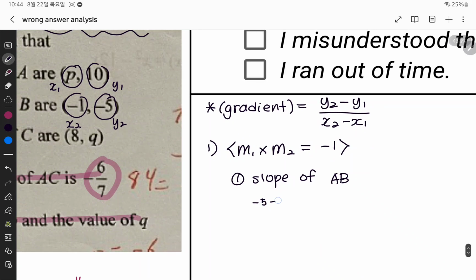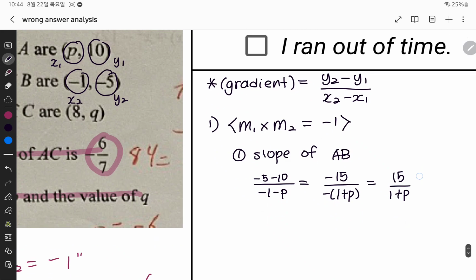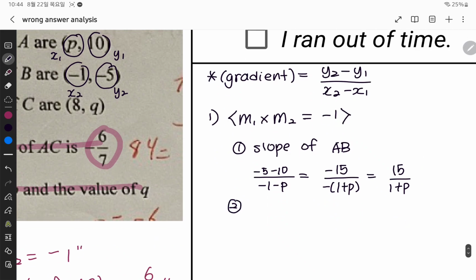-5 minus 10 over -1 minus P. So that is going to give me -15 over -1 minus P, and that's going to give me 15 over 1 plus P, okay? And now I'm going to get the slope of BC, because AB and BC are perpendicular.